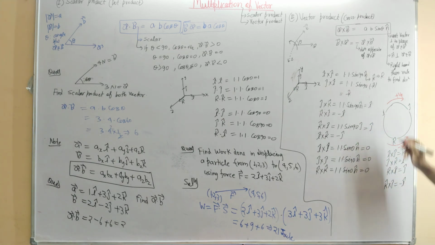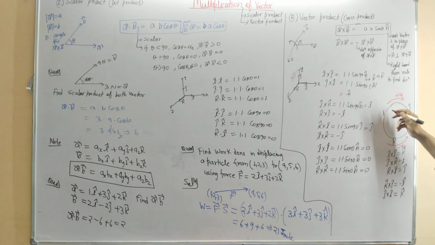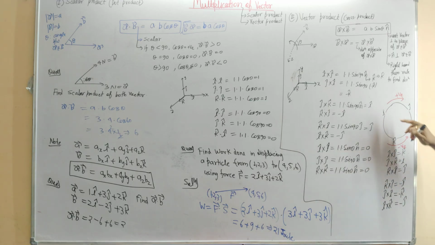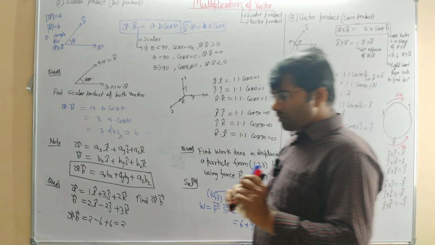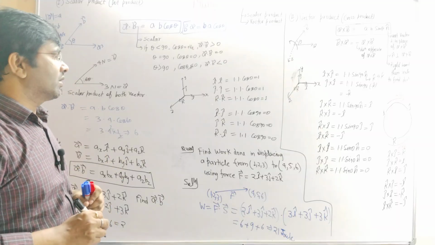Similarly, j cross i you can write as minus k cap, and i cross k equals minus j cap. So better you remember this circle i, j, k: clockwise ijk, jki, kij. Clockwise positive and anti-clockwise negative. We can use this concept here.